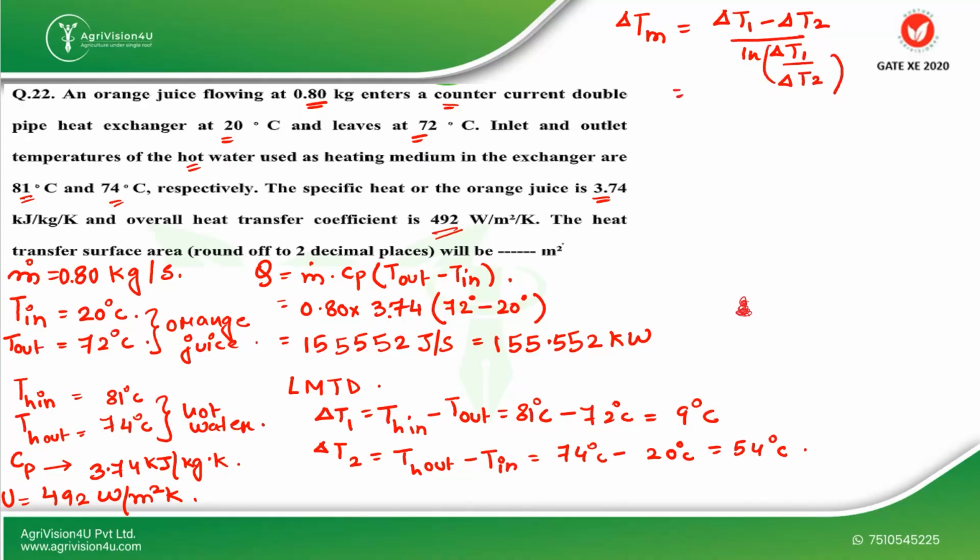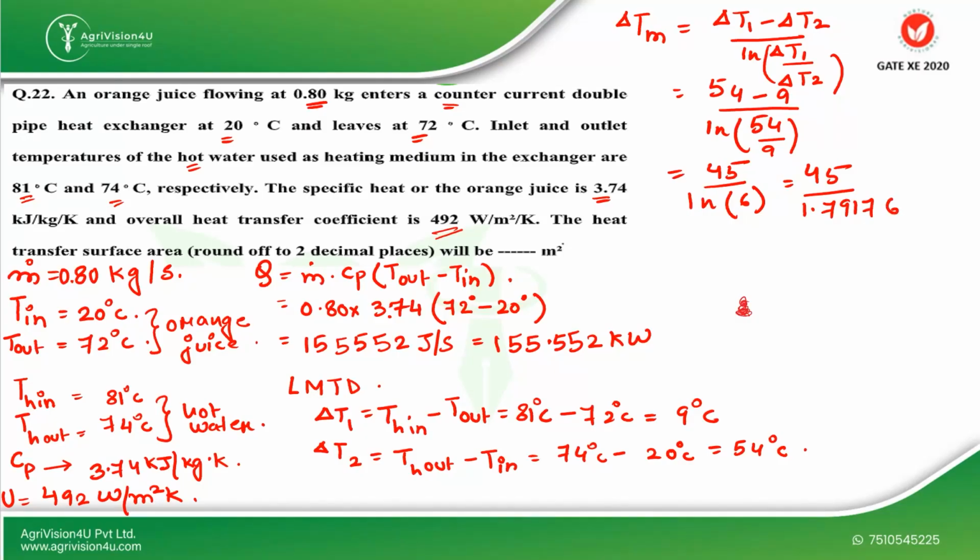Just put the values: 54 minus 9 by ln(54 by 9), that is 45 by ln 6, it is 45 by 1.79176, that is approximately 25.12 degrees Celsius.